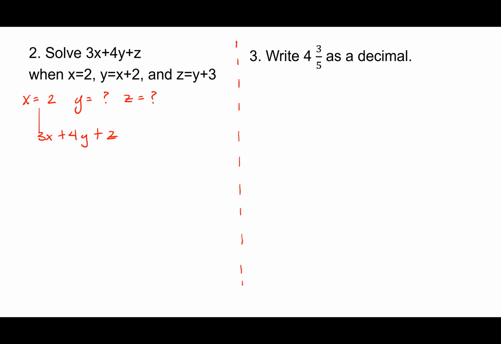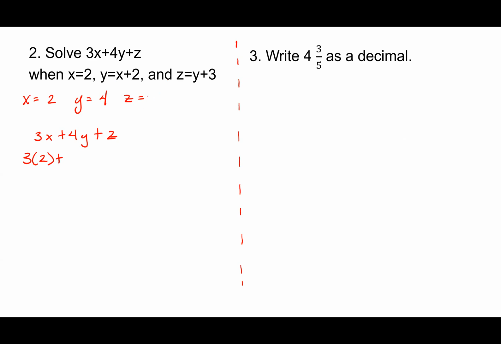Not quite, okay. Kala, no. Nope. Let's start with the second line of work here before we give an answer. So we've got 3 times 2 plus, what did y equal? It's x plus 2, so 4. What did z equal?